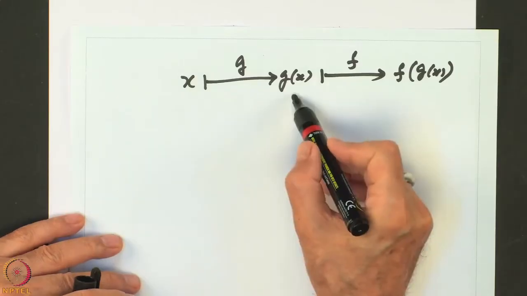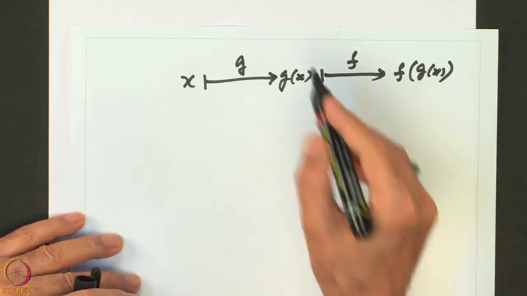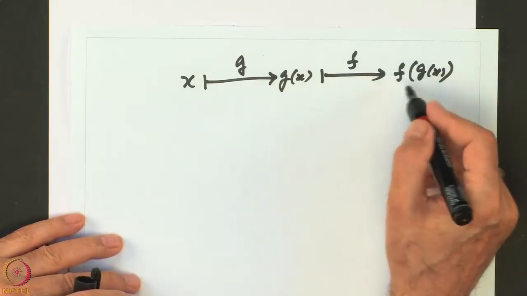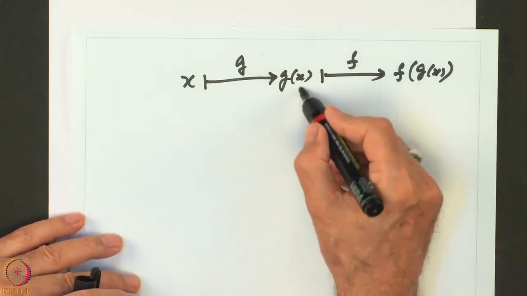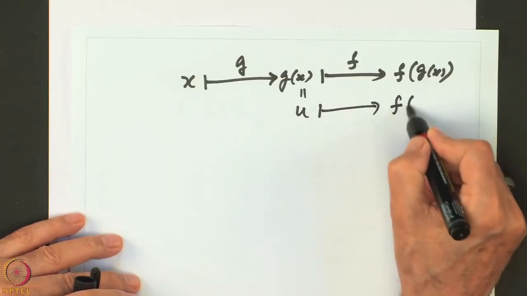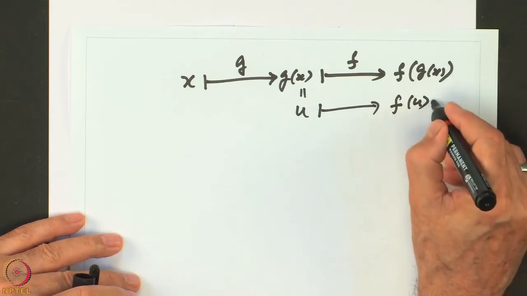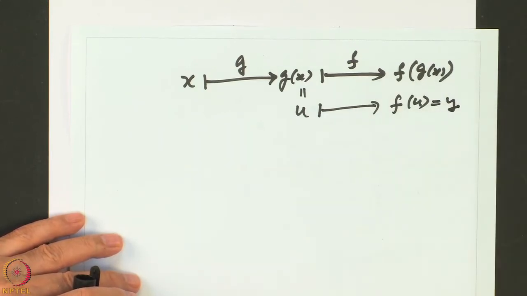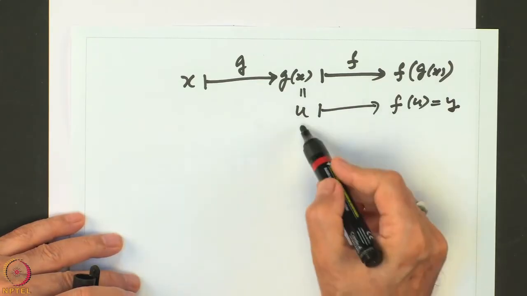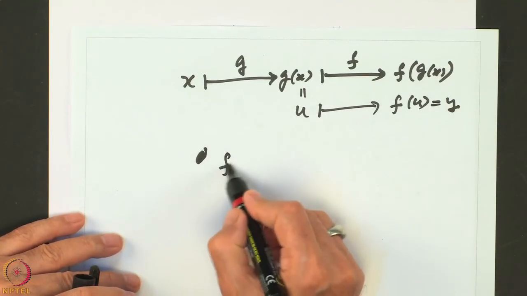So, x goes to g(x) and f takes g(x) to f(g(x)). You can call this u. So, u goes to f(u), and you can call this y. y is f(u), and u is g(x). So, you want to calculate what is f'(u).